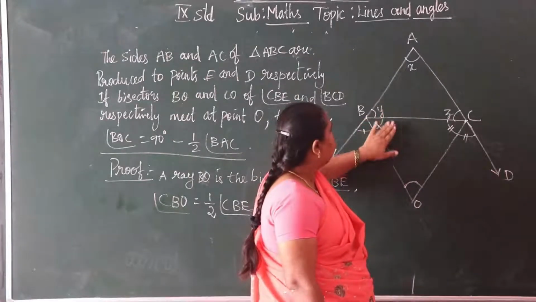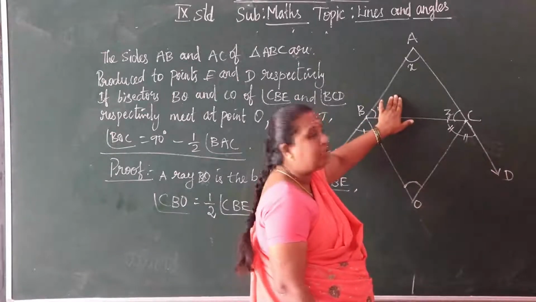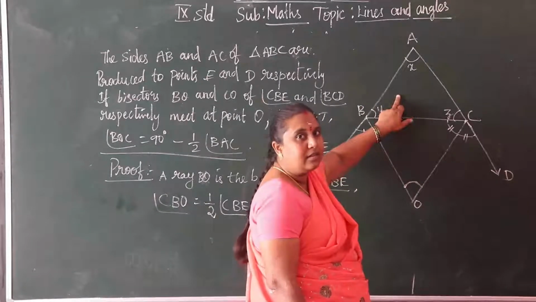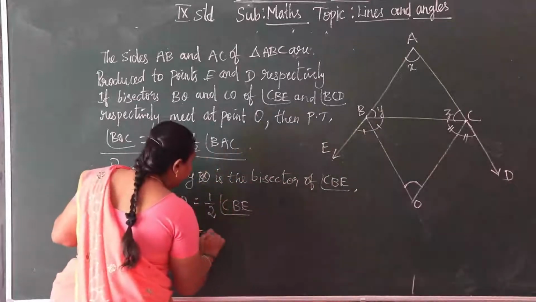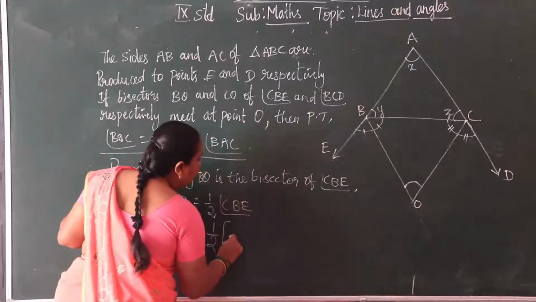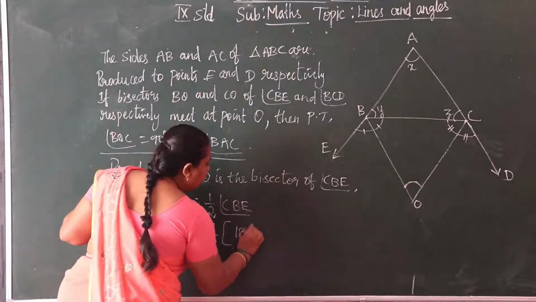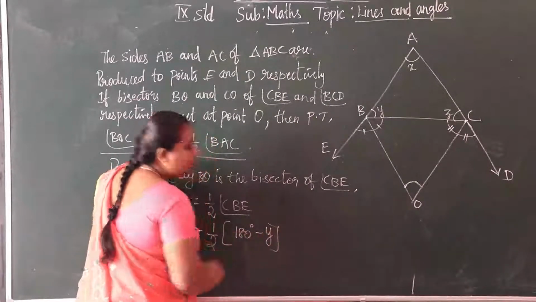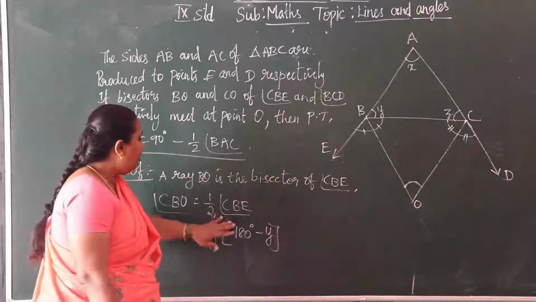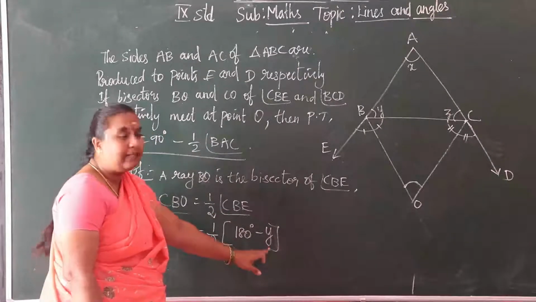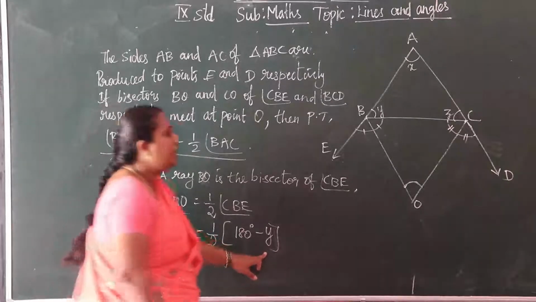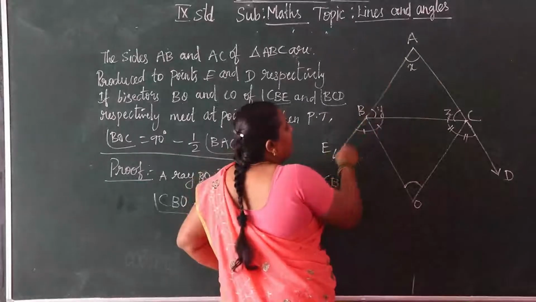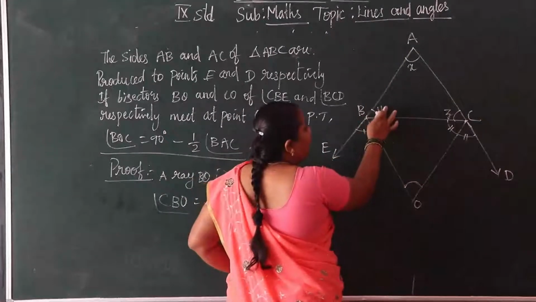CBE plus Y equals 180 degrees, so angle CBE equals 180 minus Y. Is it right? So now half of 180 degrees minus Y. Are you understood, children? How are we writing angle CBE equals 180 degrees minus Y? See here, AE is a straight line, so we can write angle Y.